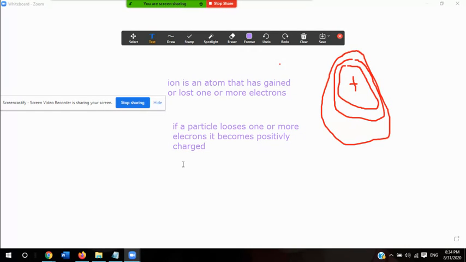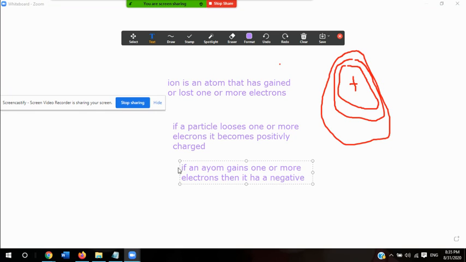What I mean by that is that if an atom gains one or more electrons, then it has a negative charge.